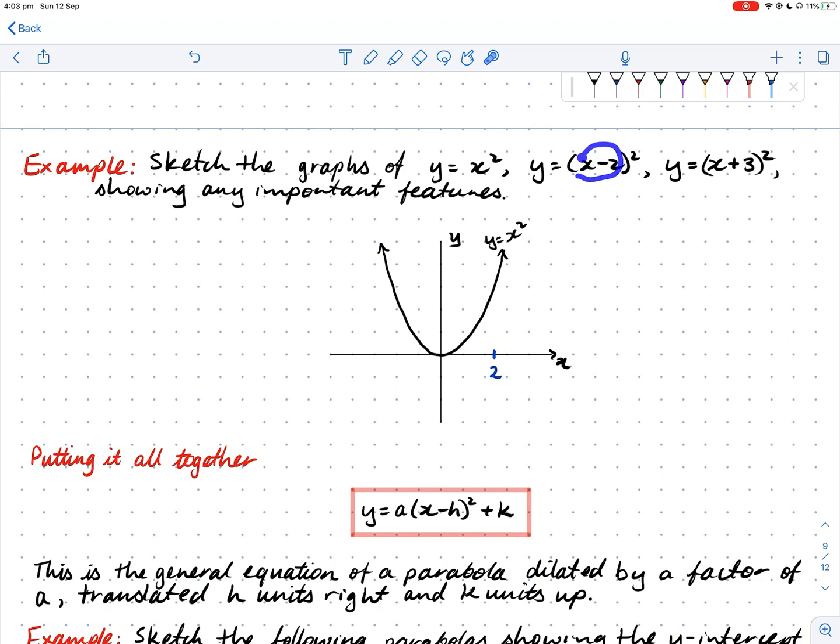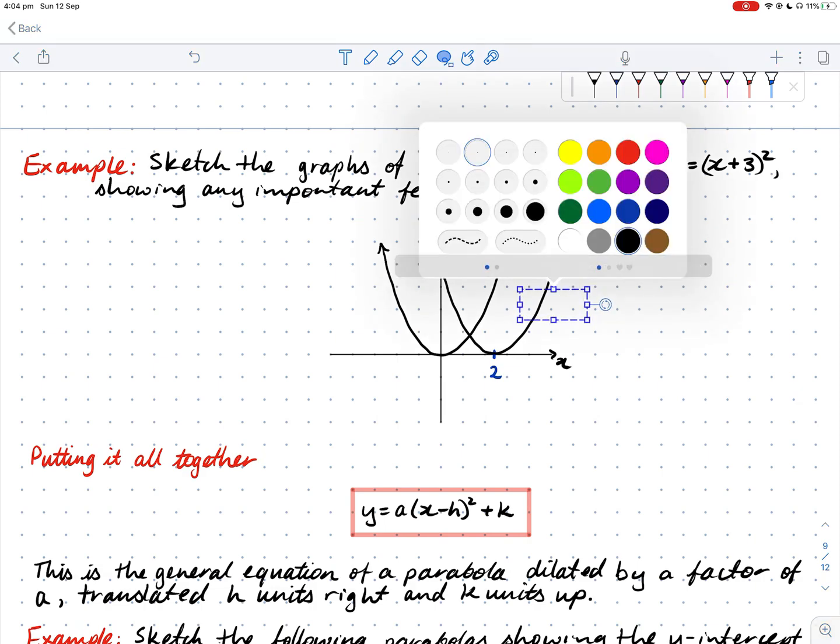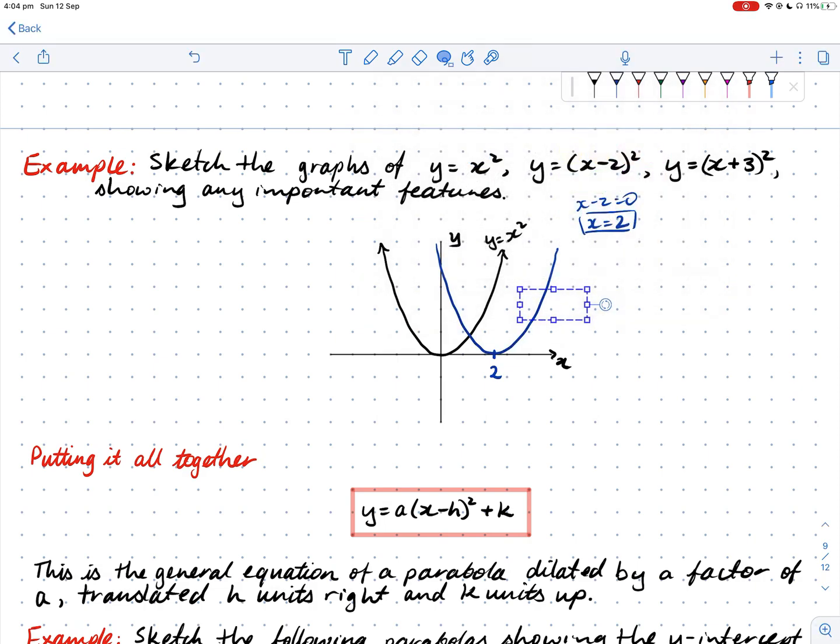So in other words, you're looking at this: what value is going to give us 0 here? So if x minus 2 is 0, then x must equal 2. So that's where the vertex is going to be. What that means is we're going to take this graph, copy it, paste. We're starting here, and it's going to move 2 units to this position right here.